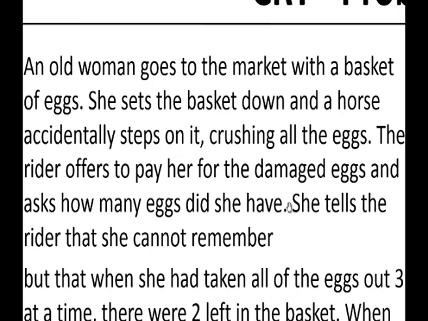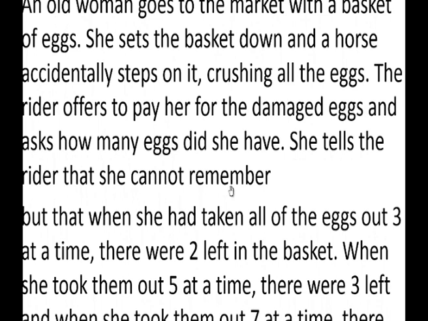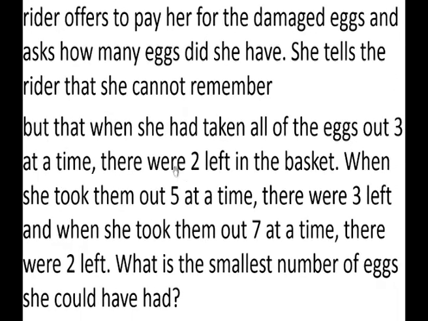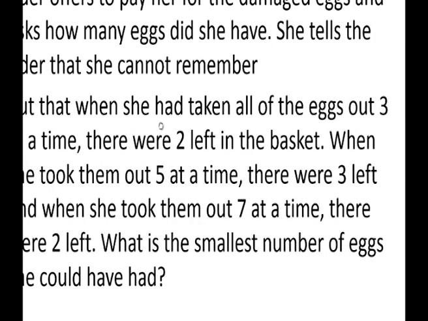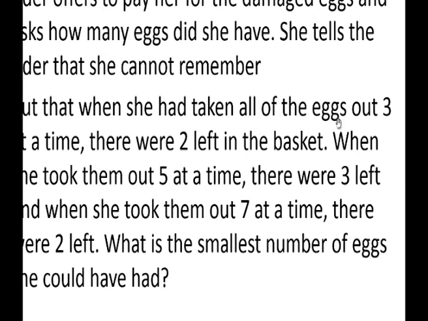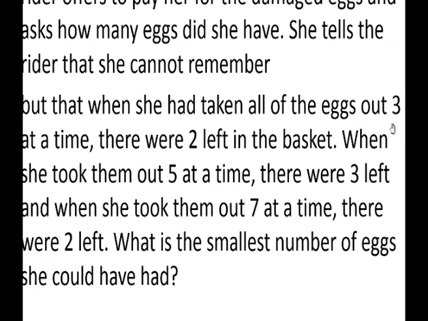This is what we need to find out as x. She tells the rider that she cannot remember how many eggs she had at the time of the accident. But she gives a riddle: when she took all the eggs out 3 at a time, there were 2 left in the basket.